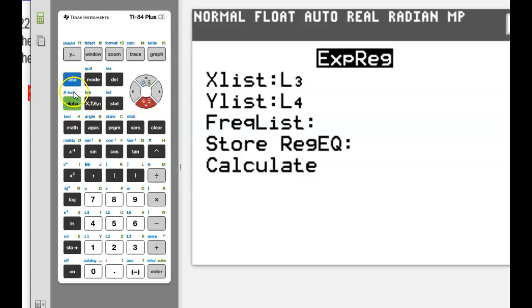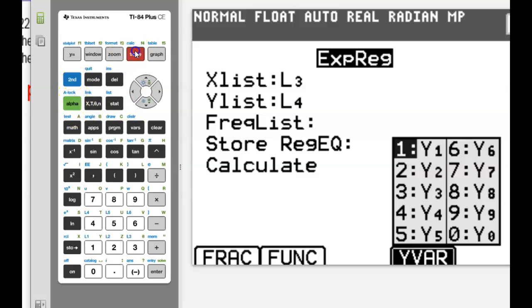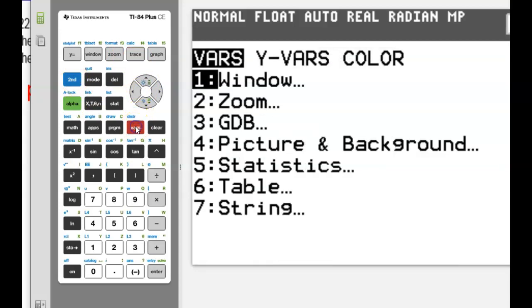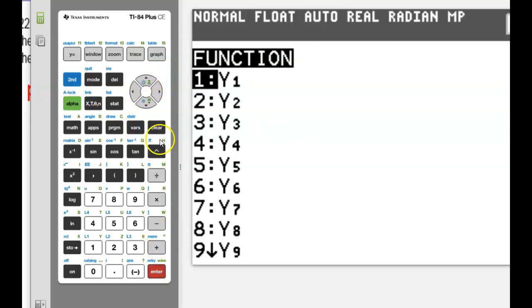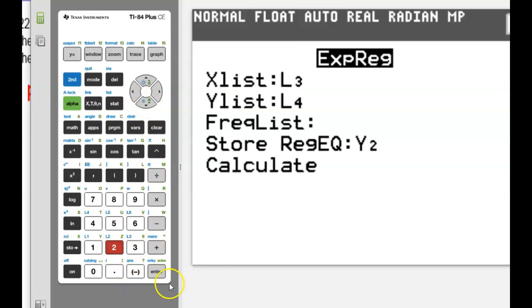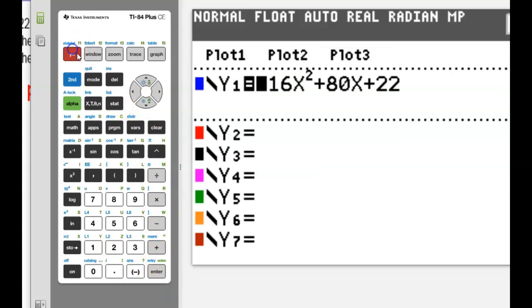Again, if you're using one of my calculators, remember it's easy to just do alpha trace. Otherwise, it's vars, arrow to the right, enter, and I'm going to choose choice 2 because I have something in Y1 that I want to turn off but not erase.